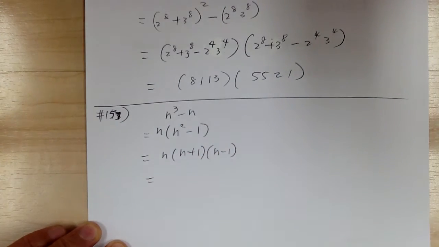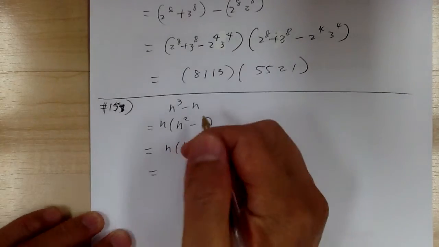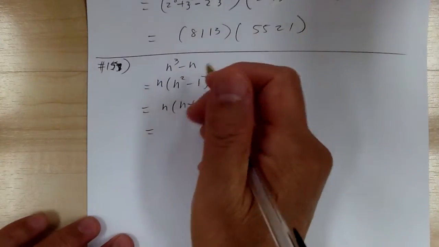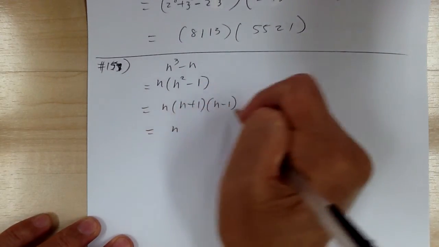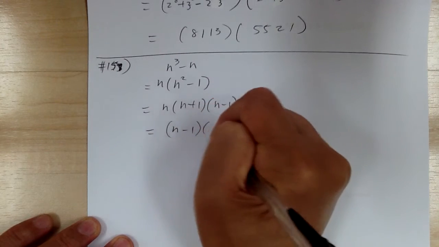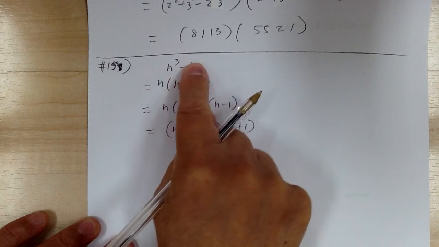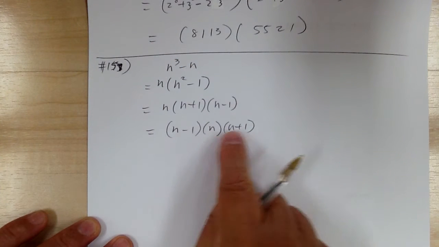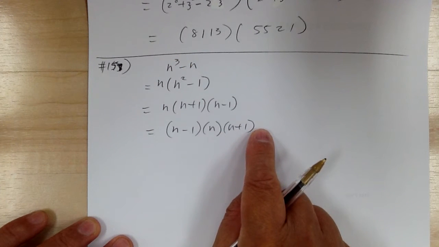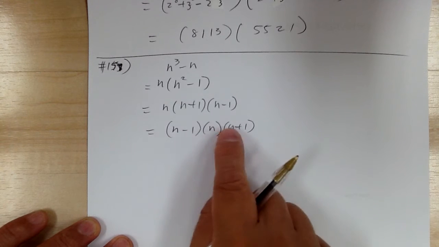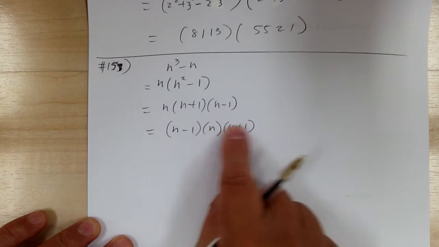Now if you rearrange these in the correct, increasing order, you've got n minus 1, n, and n plus 1. So this is the product of 3 consecutive numbers. Notice that it doesn't matter what n is. One of these is going to be an even number.